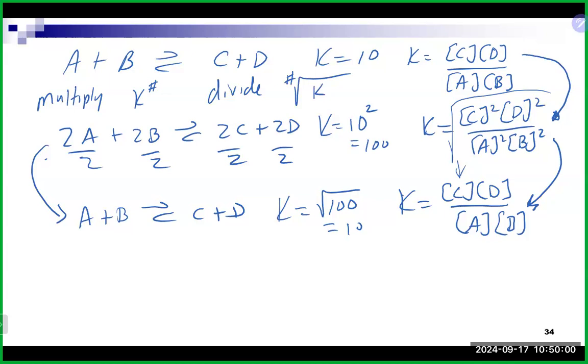So if you divide by 3 all the way across, you take the cubed root, and so forth. These are very common ways that you sometimes need to manipulate equilibrium reactions and their values to figure out the equilibrium constant for an unknown reaction if you're just given individual information. Any questions on the manipulation there?